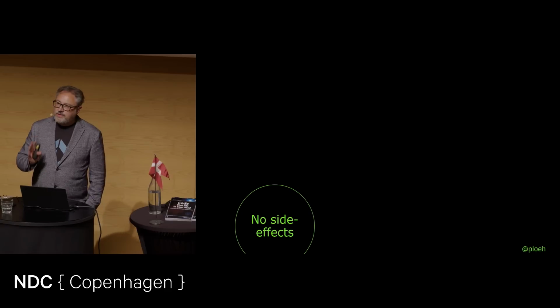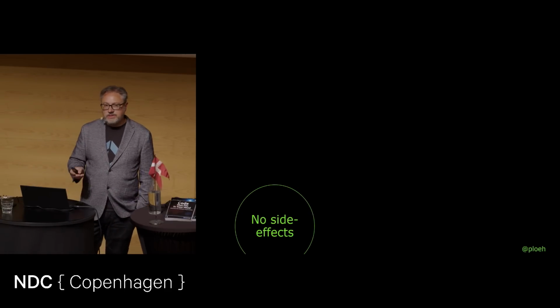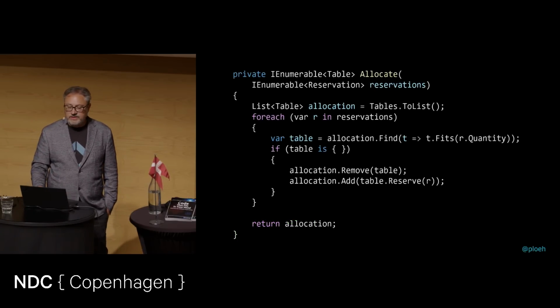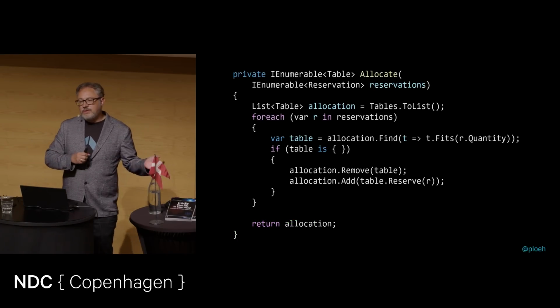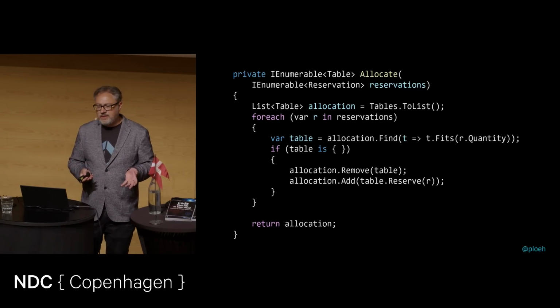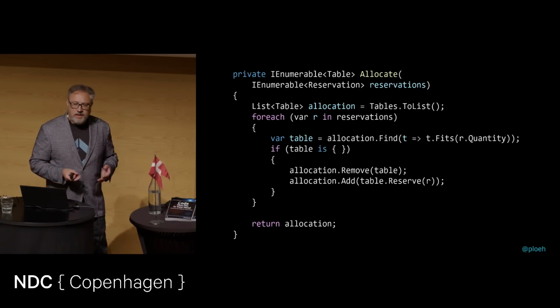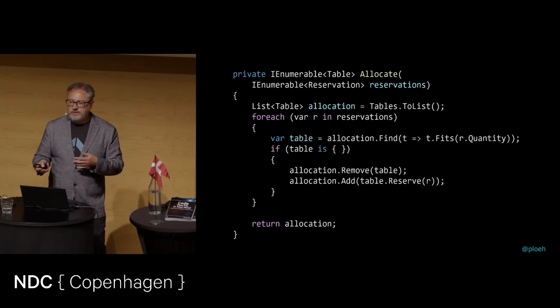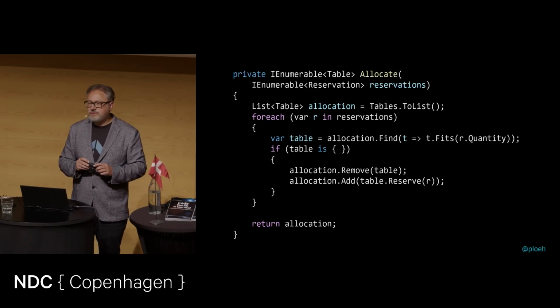This allocate method does not leak implementation details, and there's a very specific reason for that. First of all, this particular code has no side effects. Side effects are things that change the observable state of the system. That might be sending an email, and you can look at this and ask, does it look like it's sending email? It doesn't really look like that. It might be writing to a file on disk. Does it look like it's writing to files on disk? No, it doesn't.